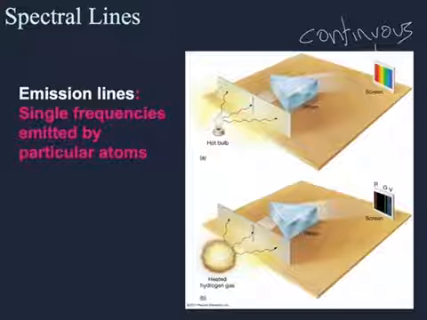Now if you take a look at the bottom one, this is a sample of heated up hydrogen gas, and you'll see hydrogen specifically in the lab tomorrow as well. If you've ever seen a neon sign or neon lights before, this is essentially how they work. They are a specific element, or in some cases a compound or mixture, that has electrical current passing through it.